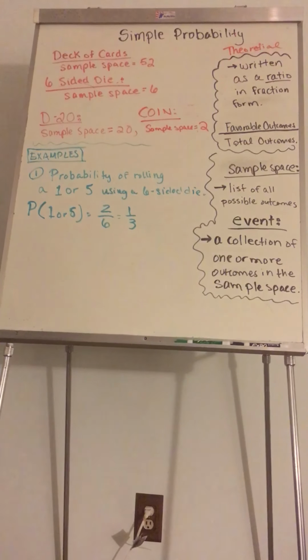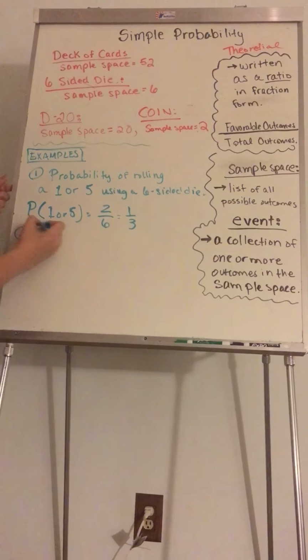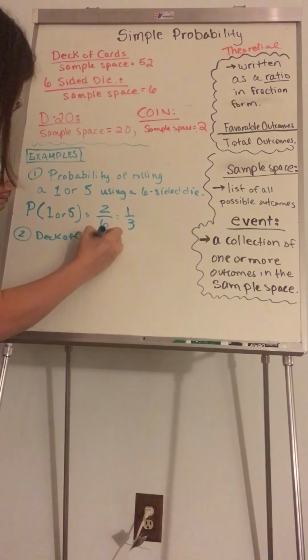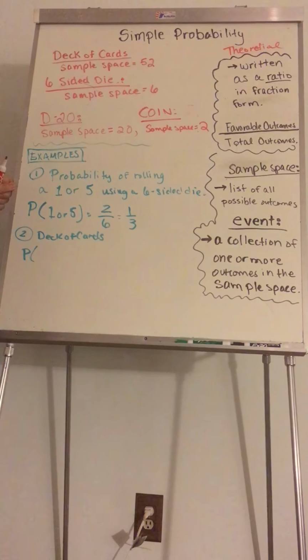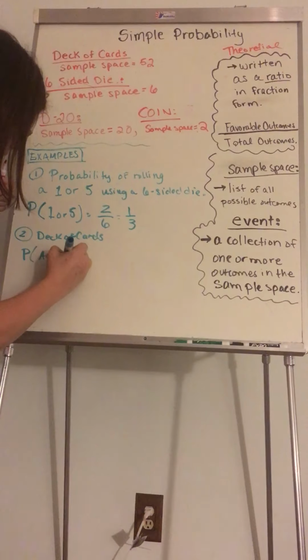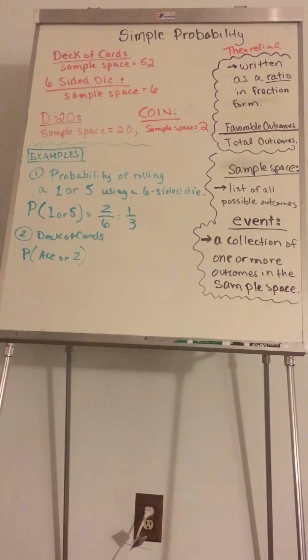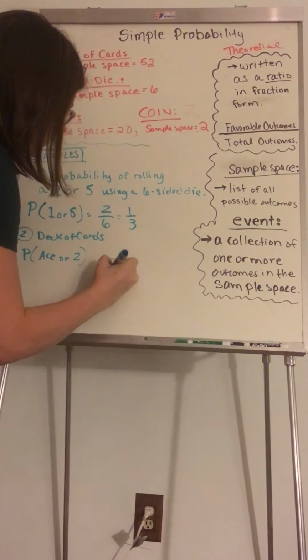So another one we could do, let's do a standard deck of cards, okay? What is the probability, P, of drawing an ace or 2? Well, we know that our sample space is 52, so it's going to be something over 52, right?